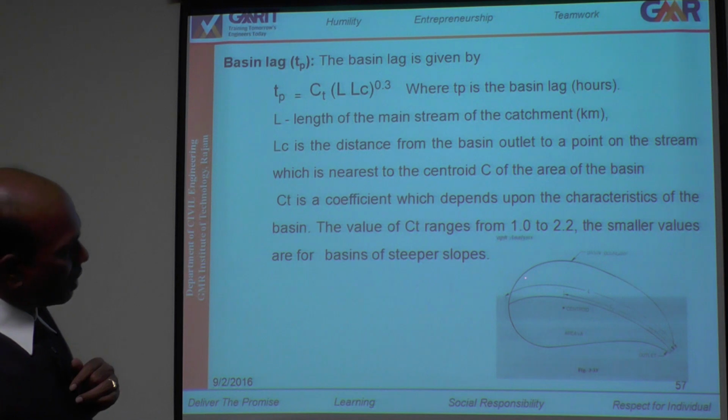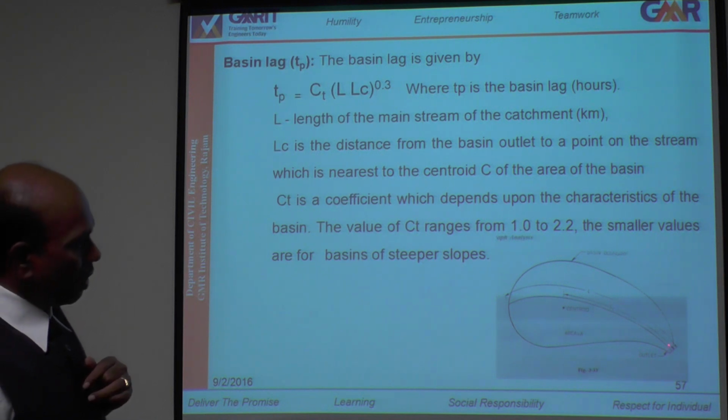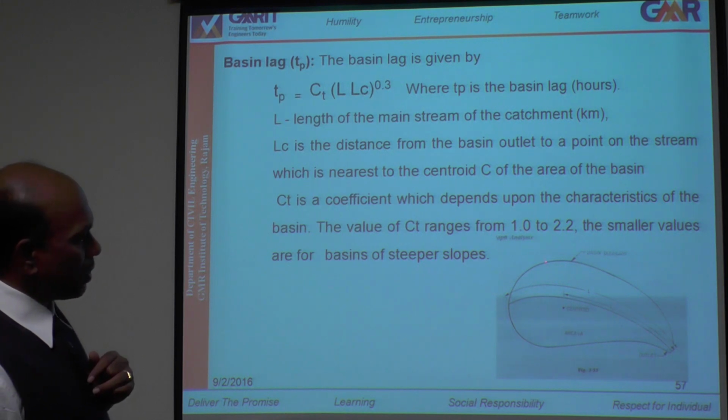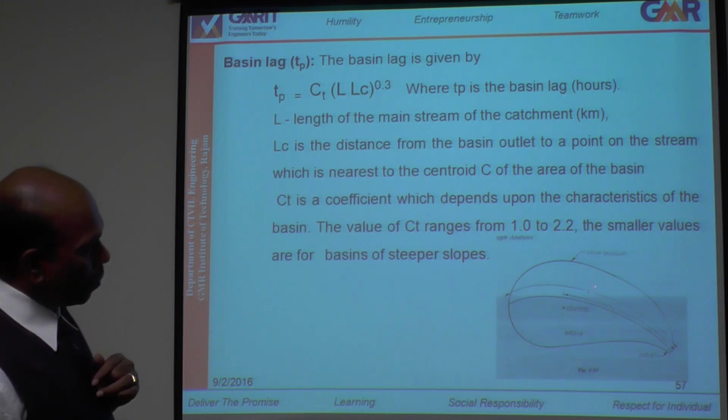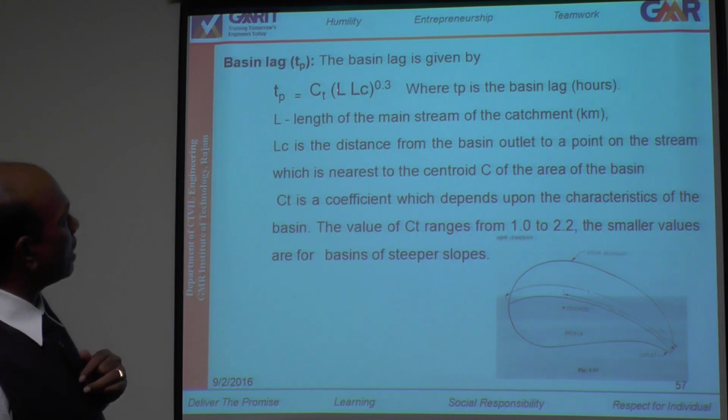For example, this is the drainage basin of one particular river or stream. This is the entire drainage basin. From the gauge point to the furthest point, this is L, the total length of the drainage basin.